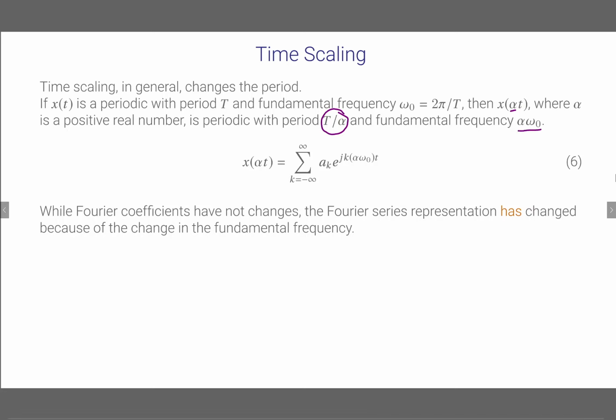So if you take the Fourier series representation of x(alpha t), the sum over k from minus infinity to infinity of a_k e^{jk alpha omega_0 t}, the Fourier series coefficients have not changed, but the Fourier series representation actually has changed, because the frequencies have changed.